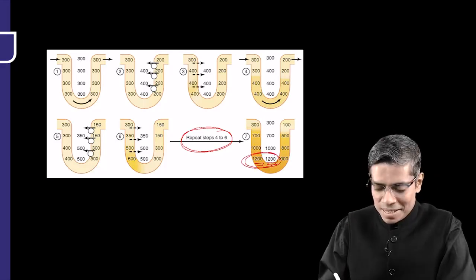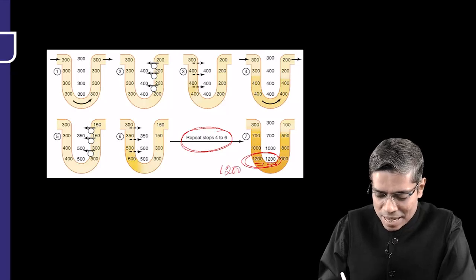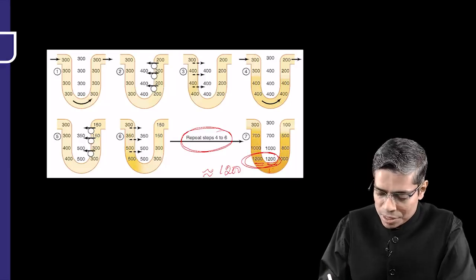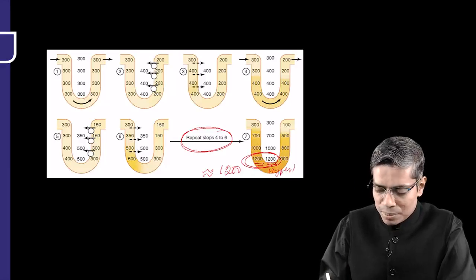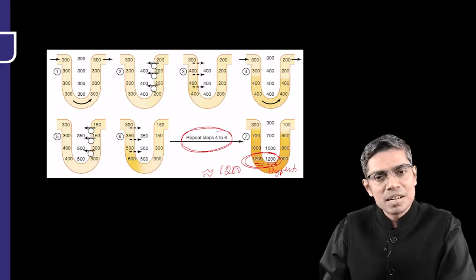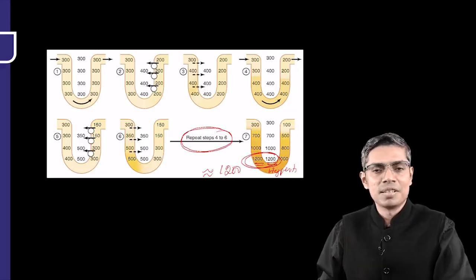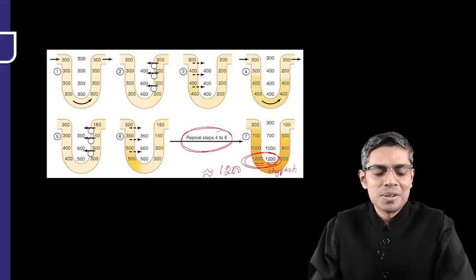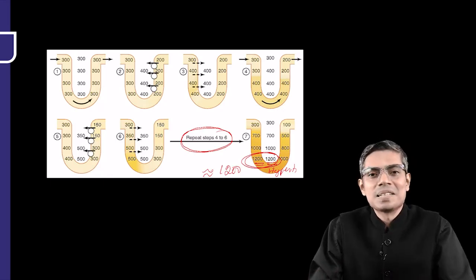That's why I am saying that medullary hypertonicity maximum can reach up to 1200 to 1400, and urine tonicity at the level of the tip of loop of Henle will be hypertonic. And how much will that be? That will be equal to the medullary tonicity, that is 1200 to 1400 milliosmoles per liter.